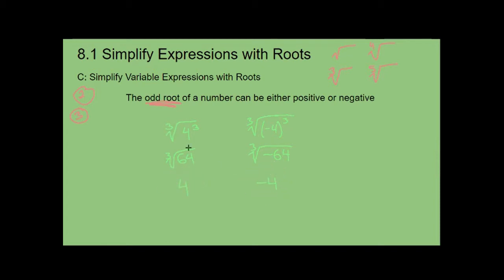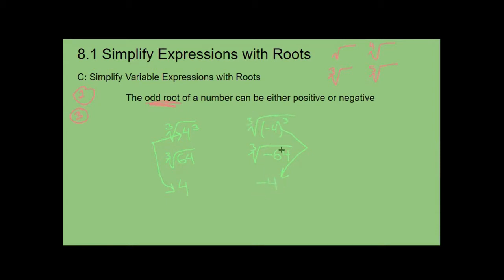So if you have an odd root, your solution can be positive or it can be negative. Notice that whatever is in here is what we get out down here. We had a positive 4 being cubed and then taking the cube root, and we get a positive 4 out. On this side, we put a negative 4 in, and we got a negative 4 out. The negative 4 was cubed, and then it was cube rooted, and we got negative 4 again.